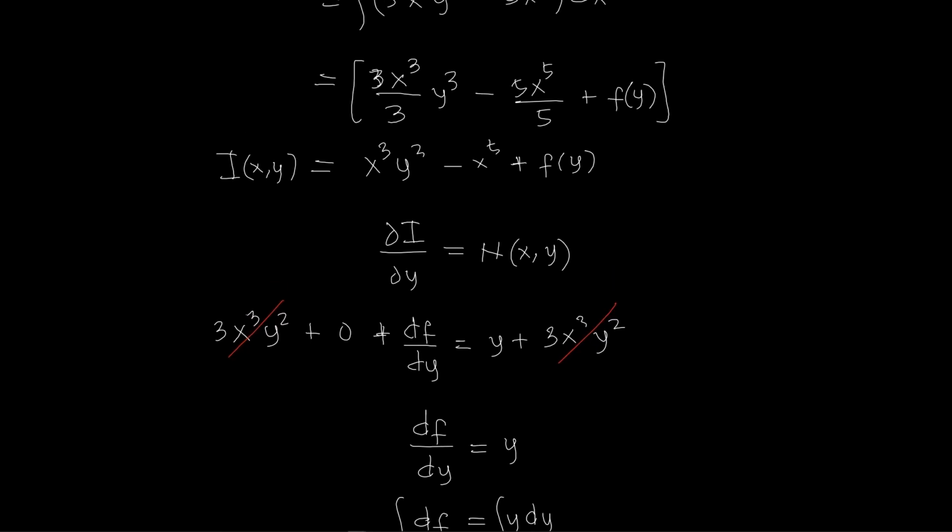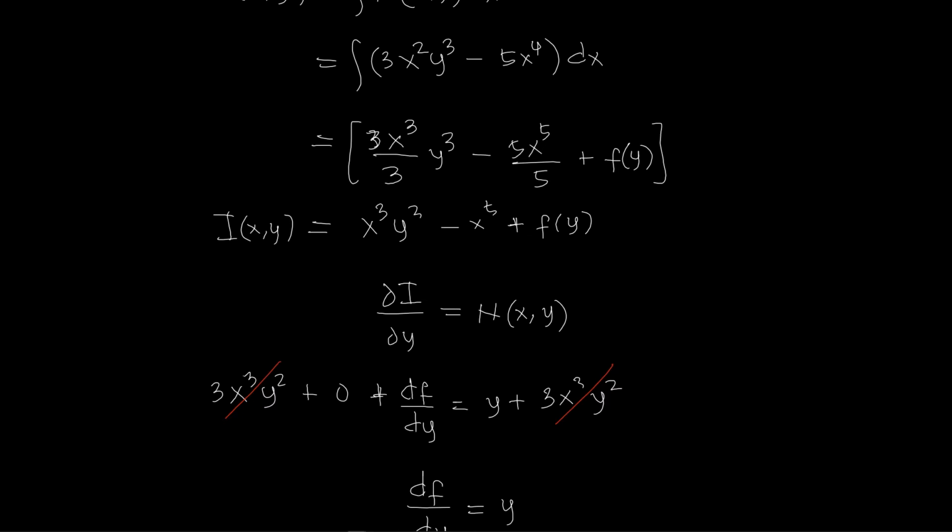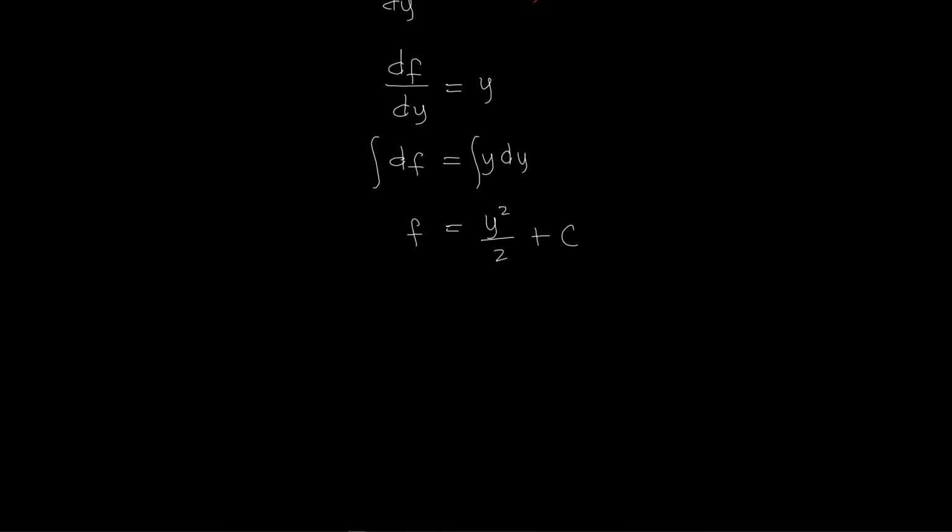So, i-plug in na nato diri sa ato ang equation nga nakuha, I of x, y is equal to, i-plug in na nato diri ang f of y. So, we have I of x, y is equal to x cubed y cubed minus x to the 5th plus c, plus f of y, so plus y squared over 2 plus c.